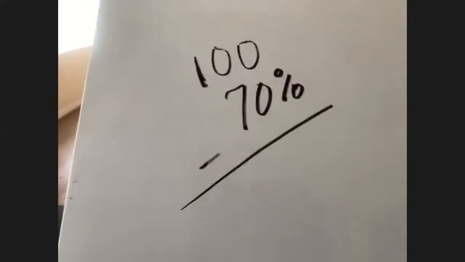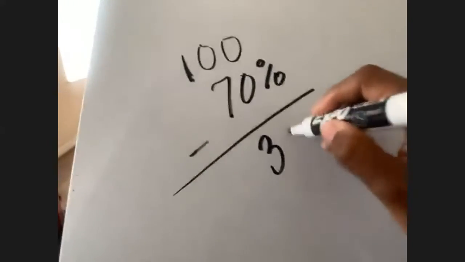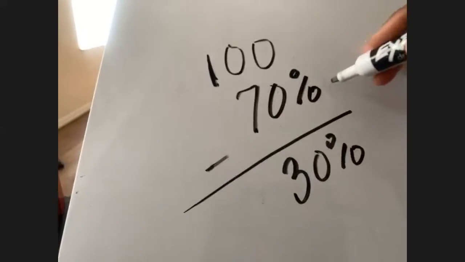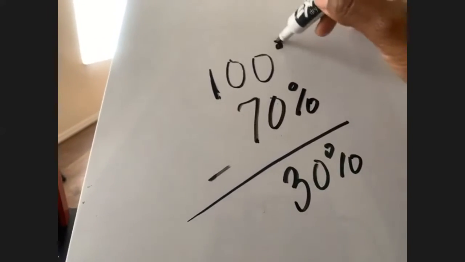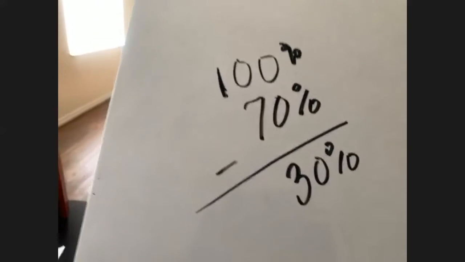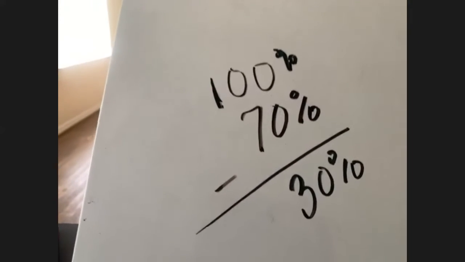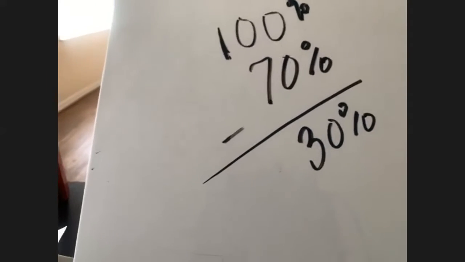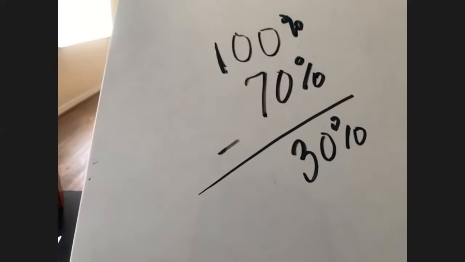So that leaves us with 30% of the students were absent. So we had 70 in attendance. Out of the 100%, 30% were absent. So again, what is a percent? A fraction with 100 as its denominator. It could also be known as a share in relation to a whole, okay?